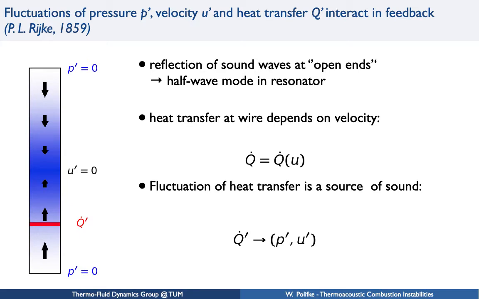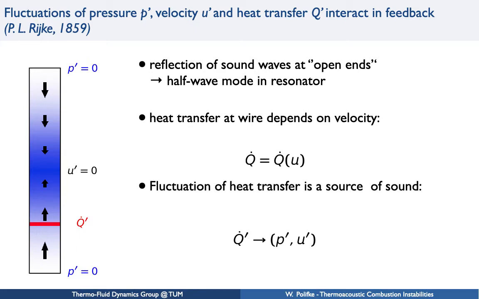So a heat source is a source of volume also, and the fluctuating heat source is a fluctuating source of volume, and thus it is much like a speaker box which increases and decreases in its volume.